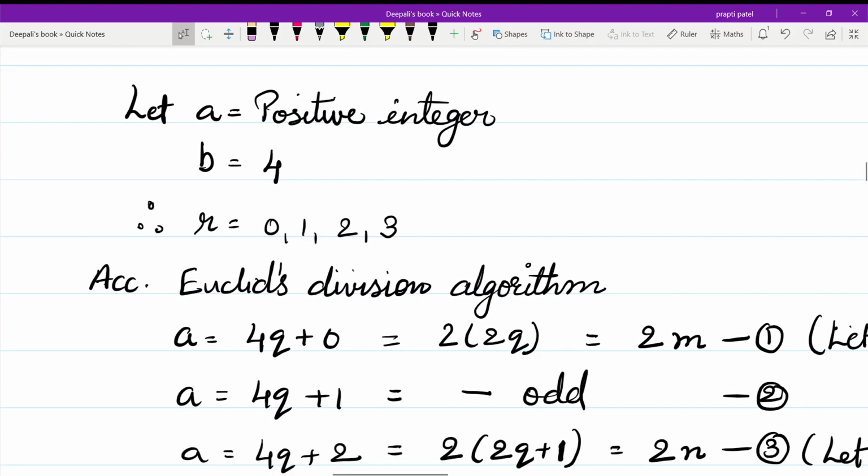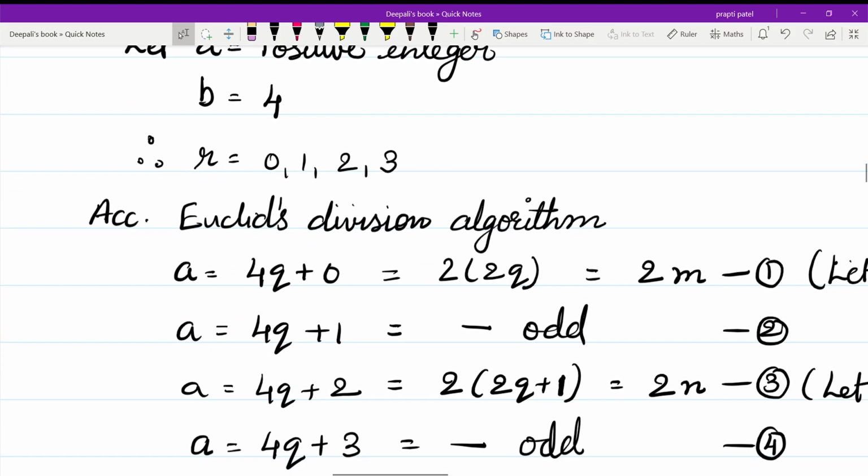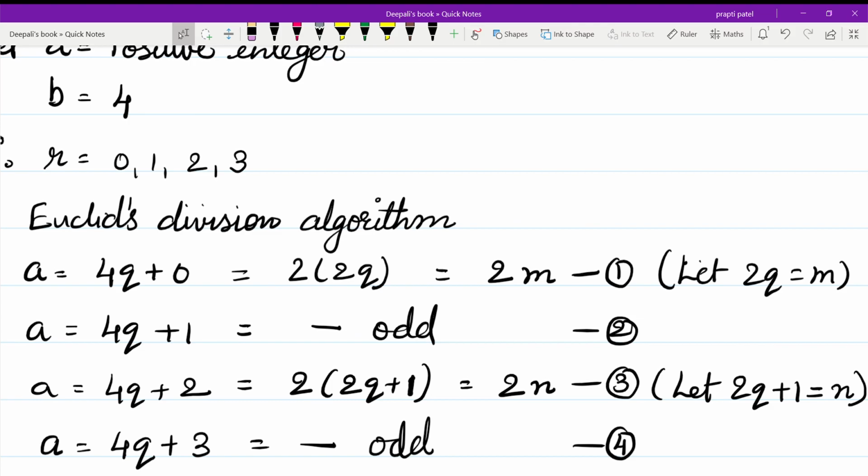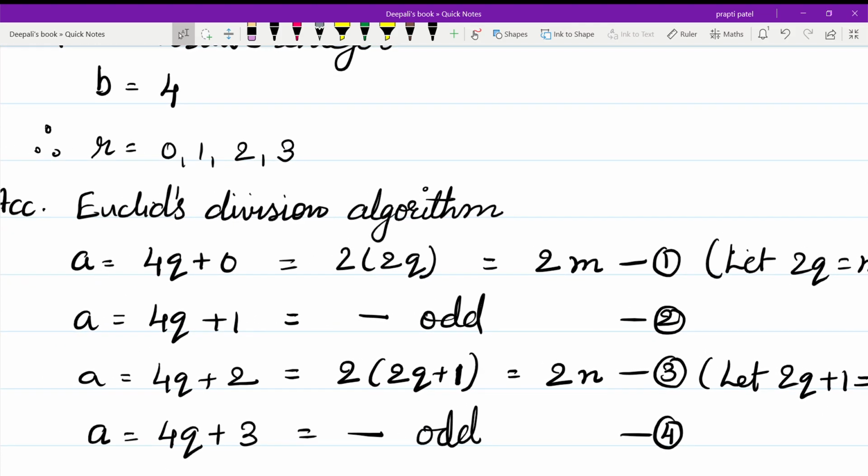According to Euclid's division algorithm, a is equal to 4q plus 0. Therefore, I can write it in the form of 2 into 2q and which can be written as 2m. Let 2q is equal to m. So we found it in the form of a multiple of 2 and so it is even.